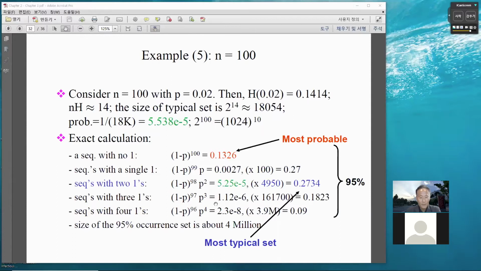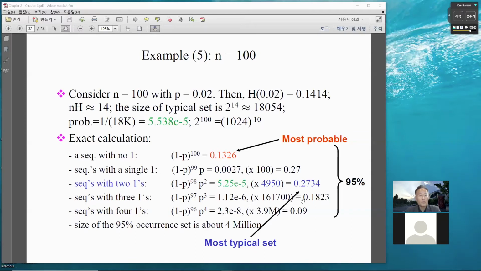So these 3 sequence sets can be made to belong in the typical set by controlling epsilon. So you may not include this most probable sequence in such epsilon.